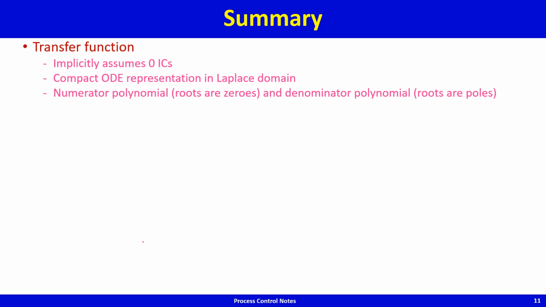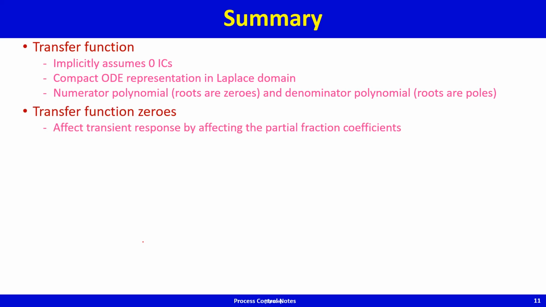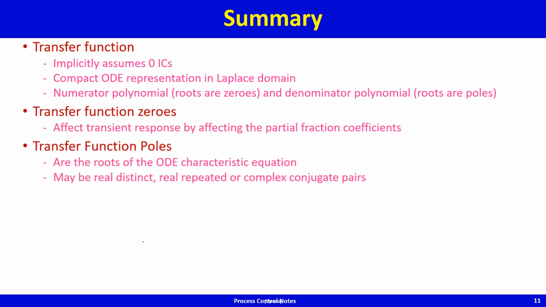The roots of the numerator polynomial are the zeros of the transfer function, and the roots of the denominator polynomial are called the poles of the transfer function. The transfer function zeros affect the transient response by affecting the partial fraction coefficients. The transfer function poles, much more important, are the roots of the ODE characteristic equation. In fact, the denominator polynomial is the same as the characteristic equation polynomial.